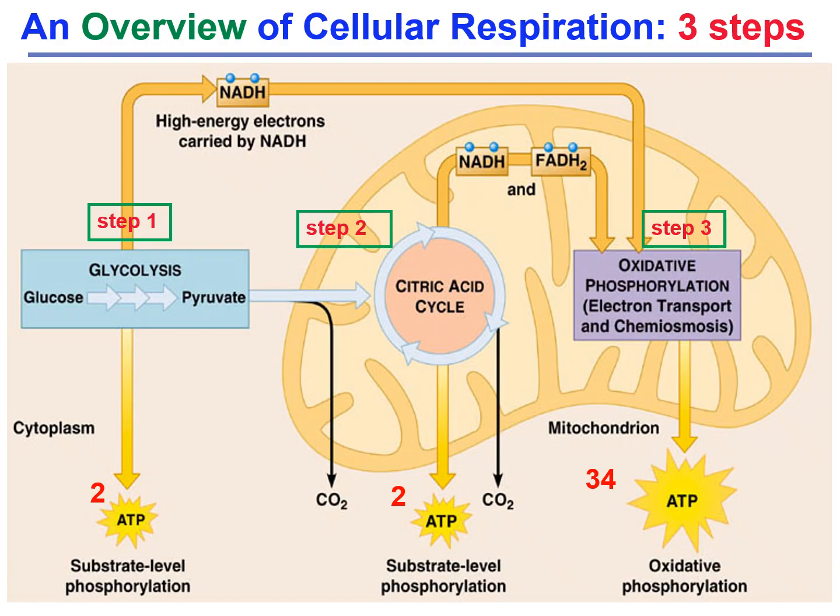So this is a quick overview of what cellular respiration looks like, the 3 steps. So first we see step 1 happening, where we have glycolysis happening, glucose going into pyruvates, and then you see that the pyruvate goes into your citric acid cycle.